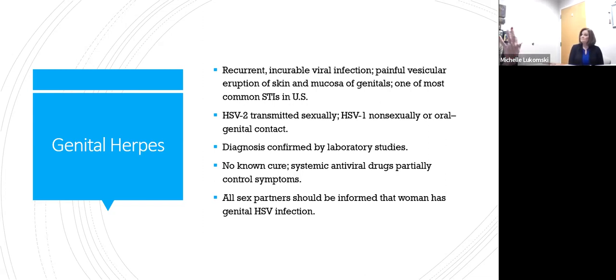Now, do you think, and I don't mean to interrupt, that some people just don't understand, like the public doesn't understand that if you have a breakout of HSV1 and you are doing oral sex on your partner, that they can get HSV1 down there? Do you think maybe that's just a lack of education? They don't know that. They never thought. Yesterday I had a lady that we were suspecting before I ever examined her.